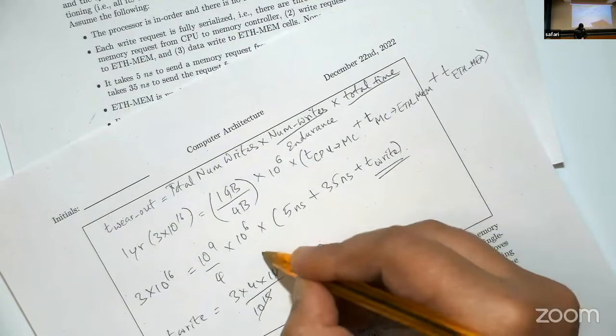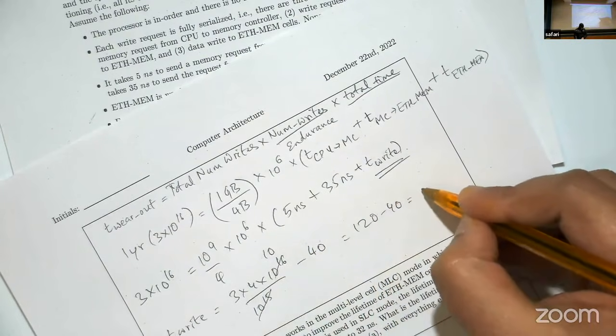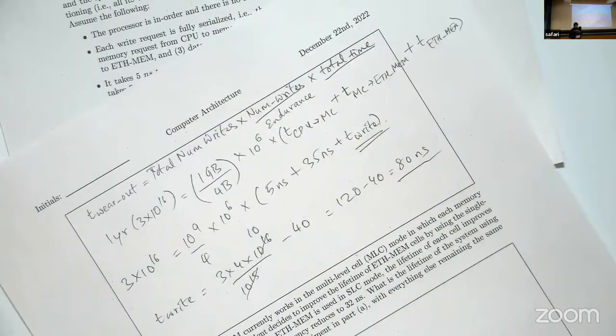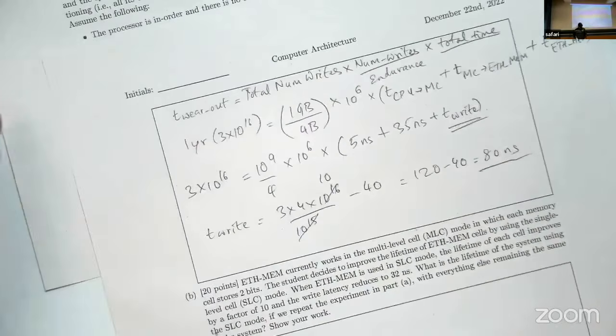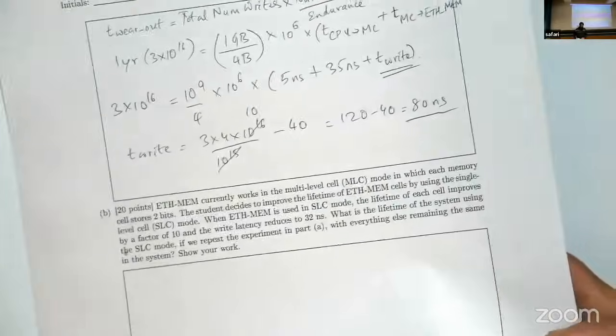So this will be 120 minus 40, which is equal to 80 nanoseconds. That's the write latency of ETH mem. So the second part of this question, any doubts so far?